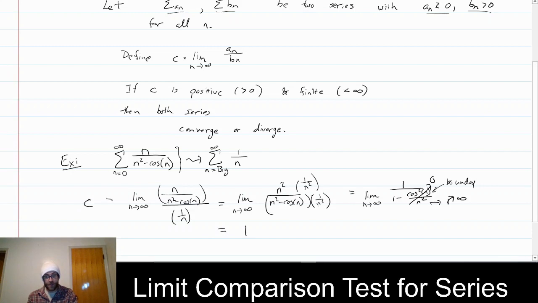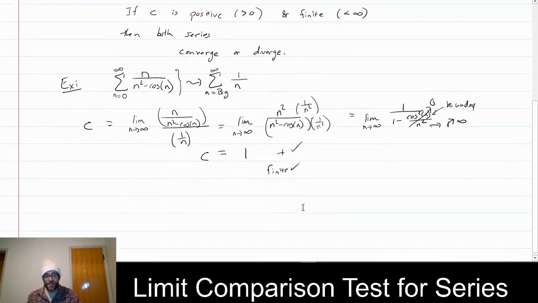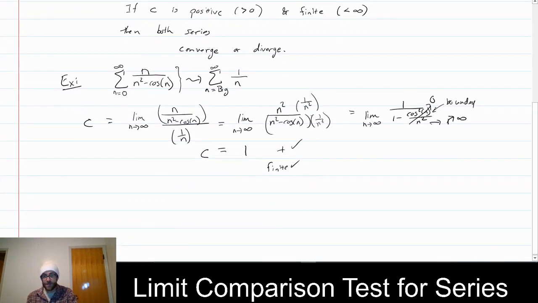Remember, c is equal to this limit, so c is equal to 1. It's positive, yes, and it's finite, yes. That tells us that the sum of n over n squared minus cosine of n and the sum of 1 over n both converge or both diverge.